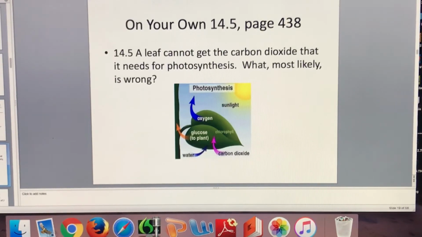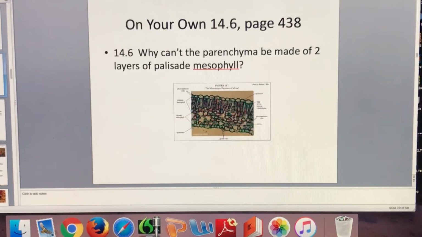And so one of the possibilities is that the stomata that are on the underside of the leaf are not opening, and that there's possibly a problem with the guard cells. I don't think that's very common, but it's just one way of understanding the function of them.